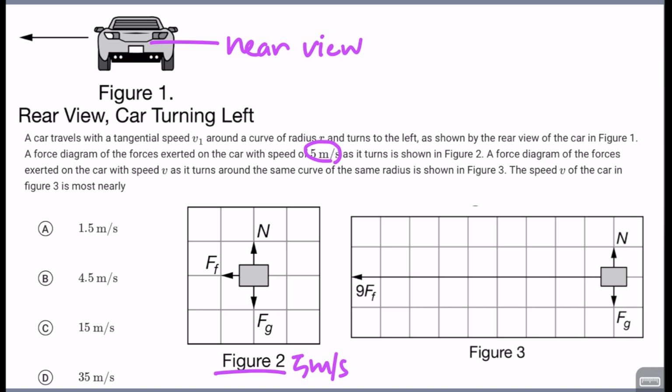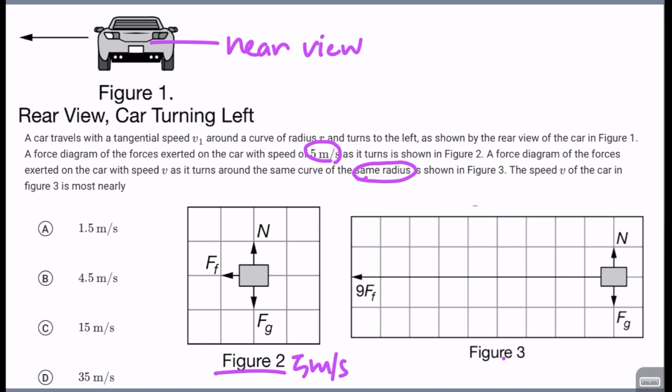The speed v of the car in figure 3 is most nearly... So now let's try to compare the free body diagram of figure 2 and figure 3. In both figures, normal force and gravitational forces cancel out. So there are no vertical force components in the result. So I only need to pay attention to the horizontal force on this free body diagram.